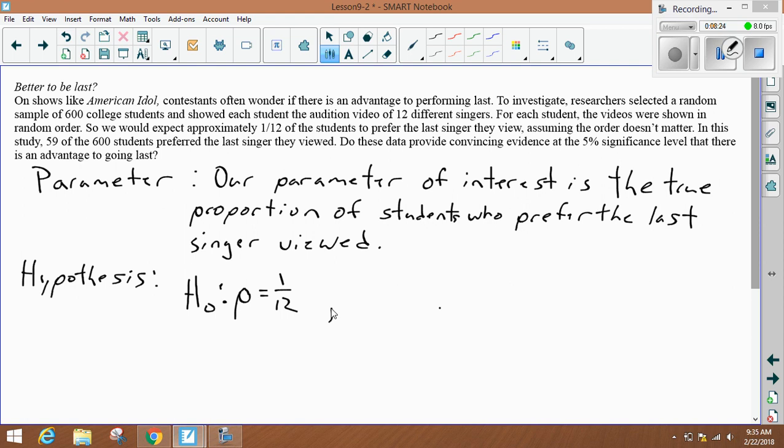It should be greater than, right? This hypothesized value is what would happen if it was just strictly by chance, right? If it was only by chance, the last singer would be chosen only 1/12 of the time, because there's just a 1 in 12 chance of the last singer being chosen. It makes sense. So then, our alternative hypothesis is that P is greater than 1/12.